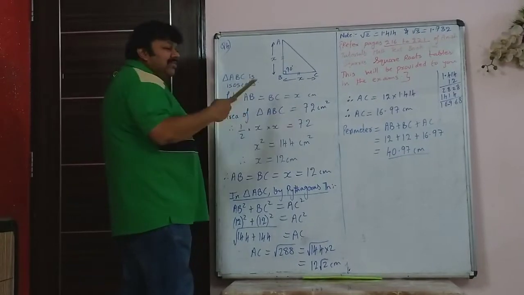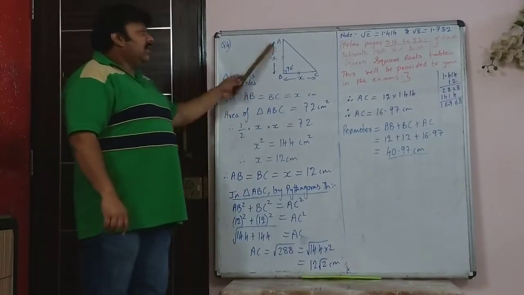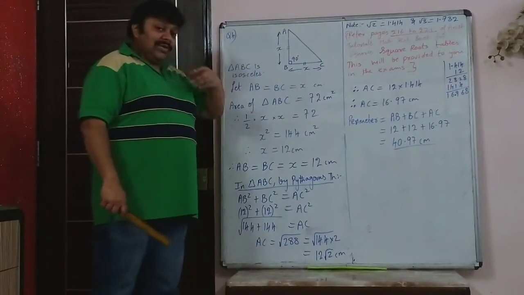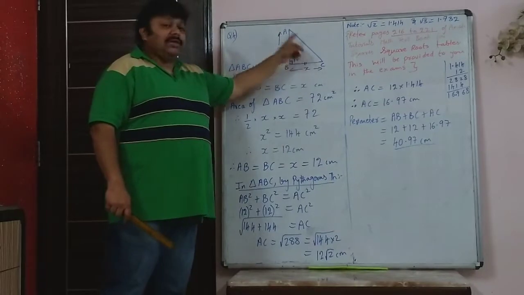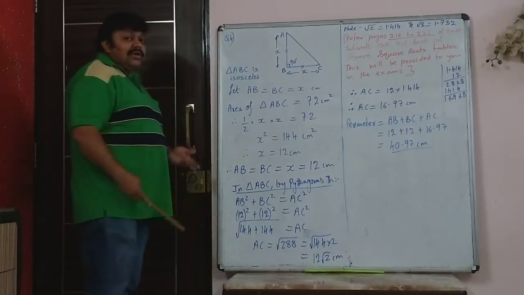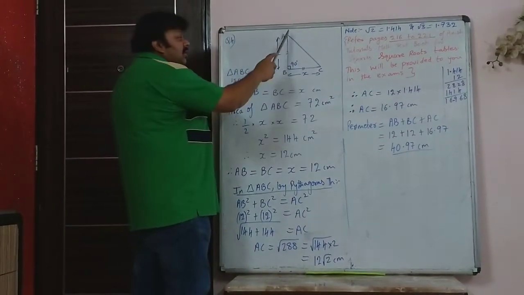So now, using Pythagoras theorem like we did in the previous sum, we have to find the perimeter. Using Pythagoras, first of all we will find AC. Once we find AC, then we add all the three sides and find the perimeter. So what is Pythagoras theorem?